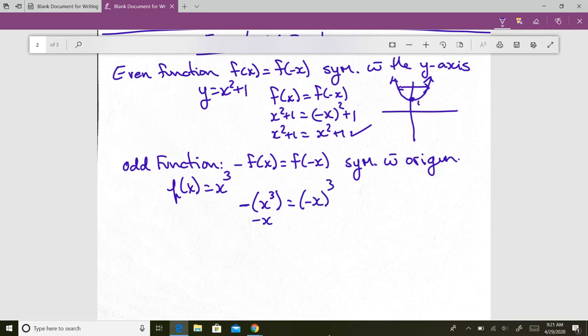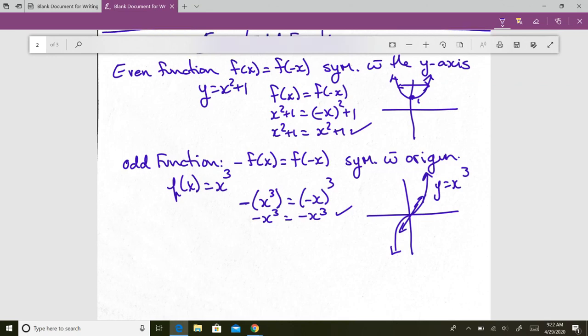So this side gives me negative x cubed. This side gives me negative x cubed. So we know it's odd. And if you know the graph of that function, it looks like that. And you can see it has symmetry across the origin.